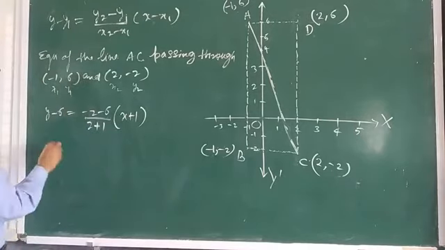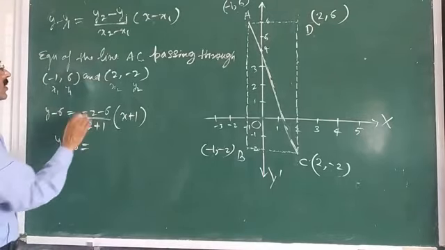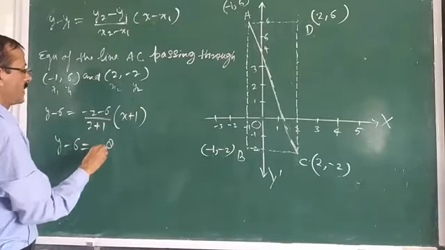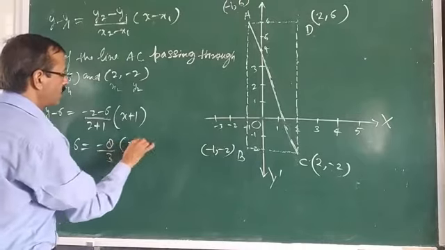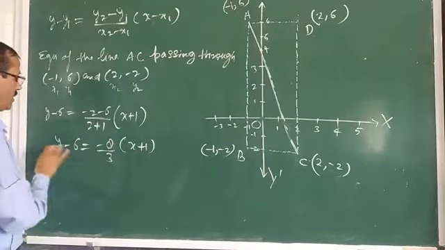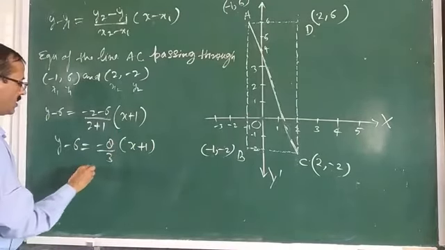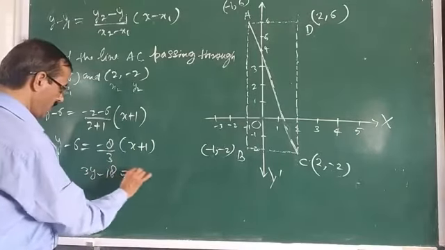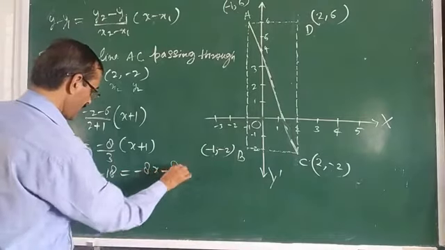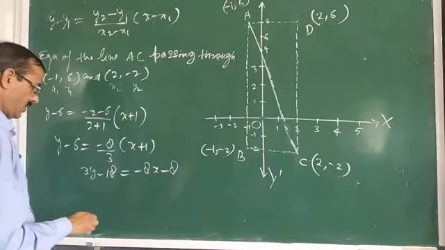Okay, that will be y minus 6 equal to -8 upon 3, and x plus 1. Or we can transpose this: 3y minus 18 is equal to minus 8x minus 8.